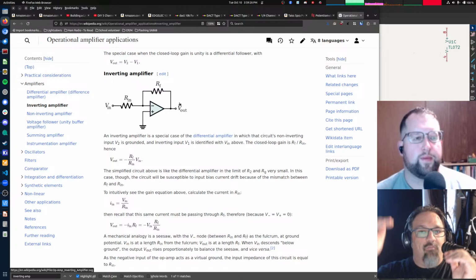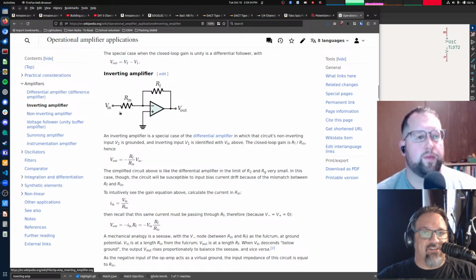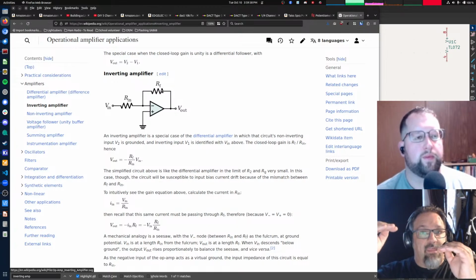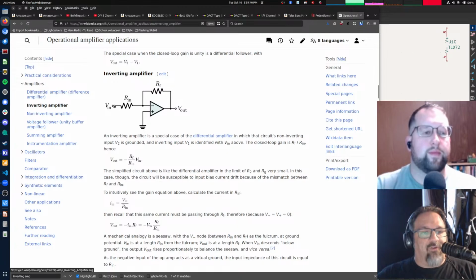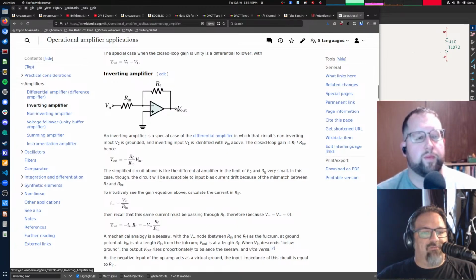And then how strong the output signal is compared to the input signal is determined by the size of these resistors, the input resistor and the feedback resistor. If they are the same value, then whatever voltage created that amount of current going through the input will be the same amount of voltage to create the same amount of current through the same resistor on the feedback.